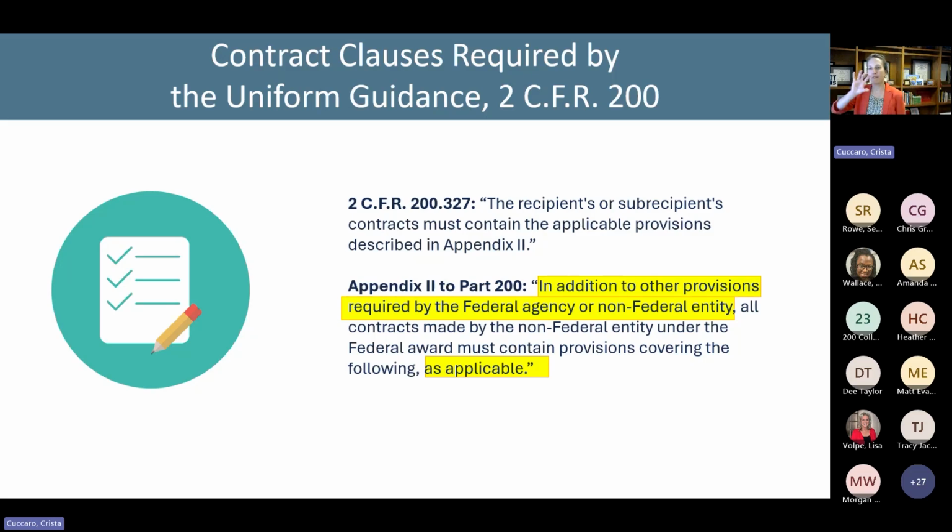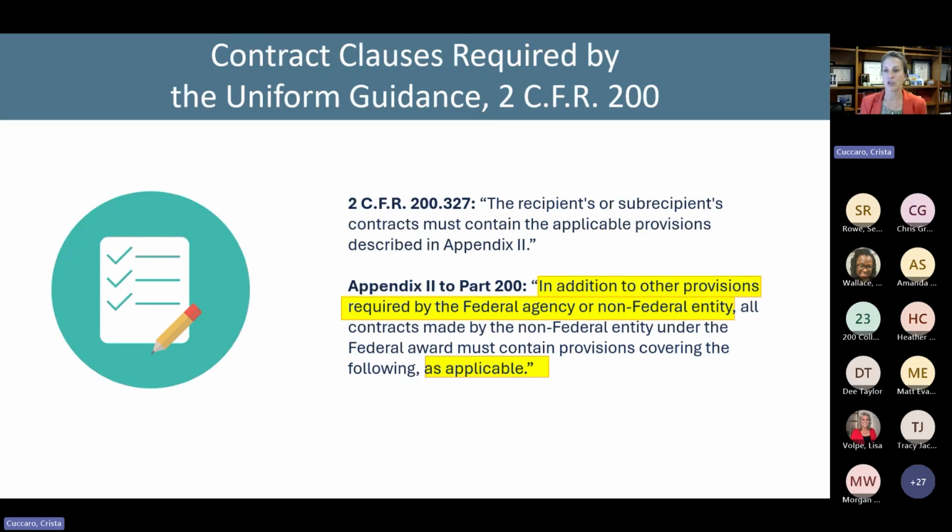The significance of that first portion is that the federal agency may require more than what we find here. And that is the case with CDBG-DR. So we're going to be talking now about the Uniform Guidance Contract Clauses, but then we'll be talking about CDBG's specific contract requirements and what those mean for you as subrecipients.